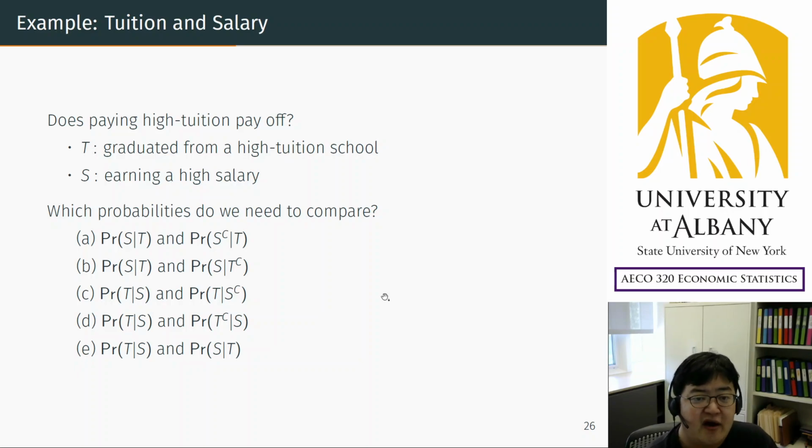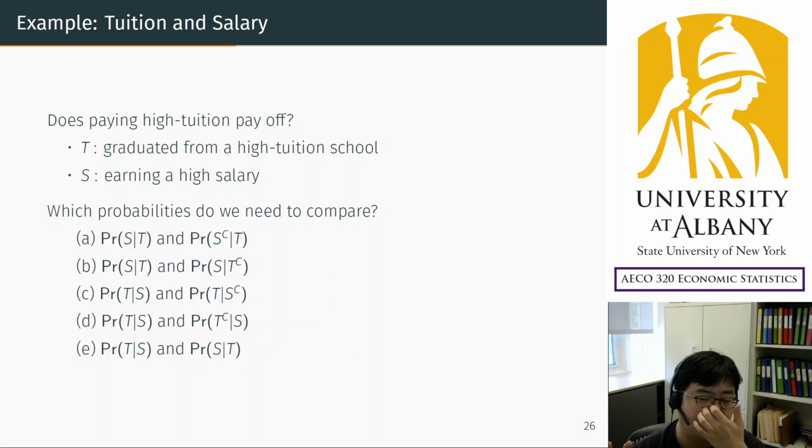So I'll define the basic events this way. T stands for high tuition. So you graduate from a high tuition school, and say S stands for high salary. So high tuition and high salary. So simply consider tuition is high or low, and salary is high or low.